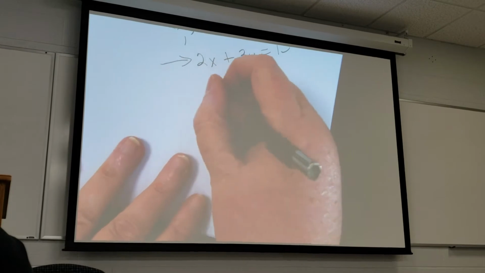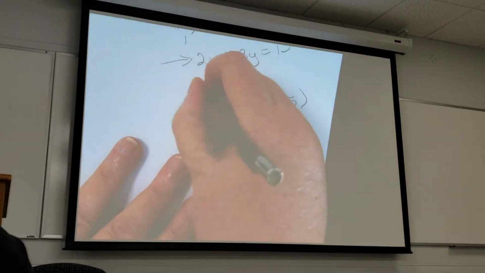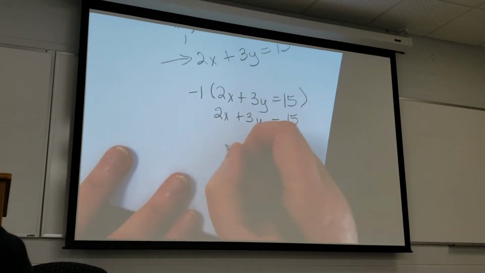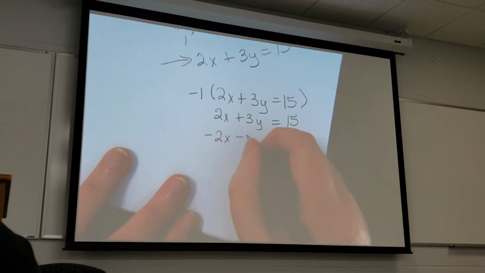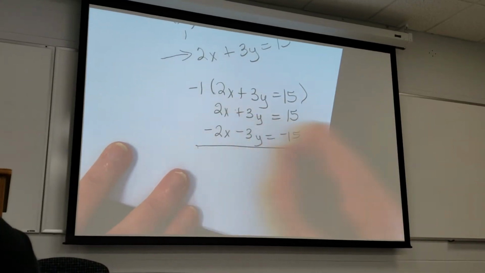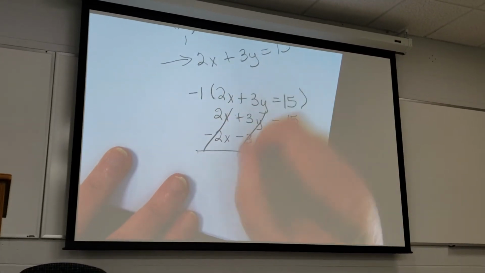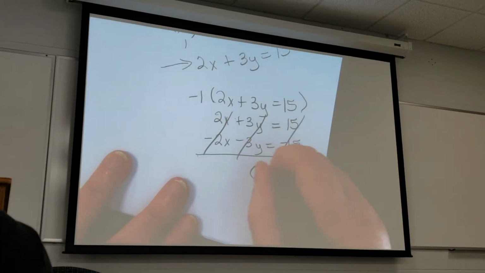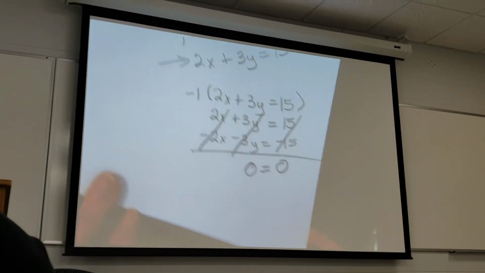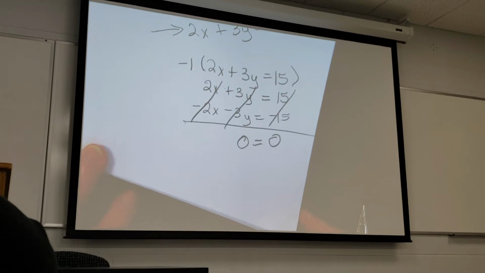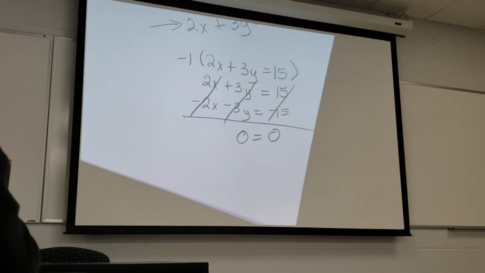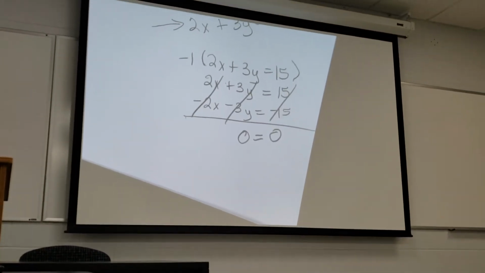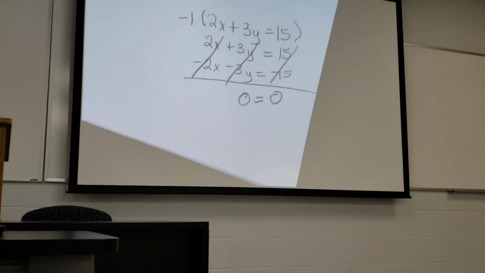I'm gonna multiply everything through by a -1. I'm just gonna write it below here because I'm running out of room. Negative 2x minus 3y is equal to -15. My x's are gone, my y's are gone, my 15's are gone. 0 equals 0. That is infinitely many solutions. It is a dependent system, and the graph is a line on top of a line.